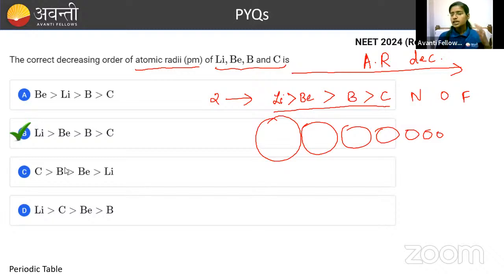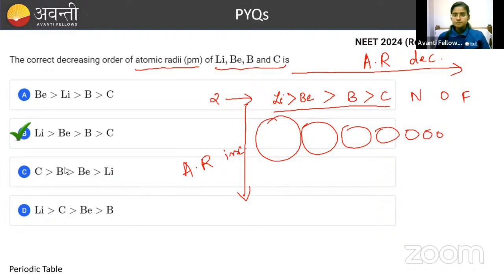Not only for the second period, for all the periods, the atomic radius generally decreases across the period and increases on moving down the group. Atomic radius and ionization energy are inversely proportional to each other. Let me talk about the ionization energy in the upcoming questions. Now you write the trend for atomic radius: across the period it decreases, and on moving down the group atomic radius increases. Okay, so this is the trend.